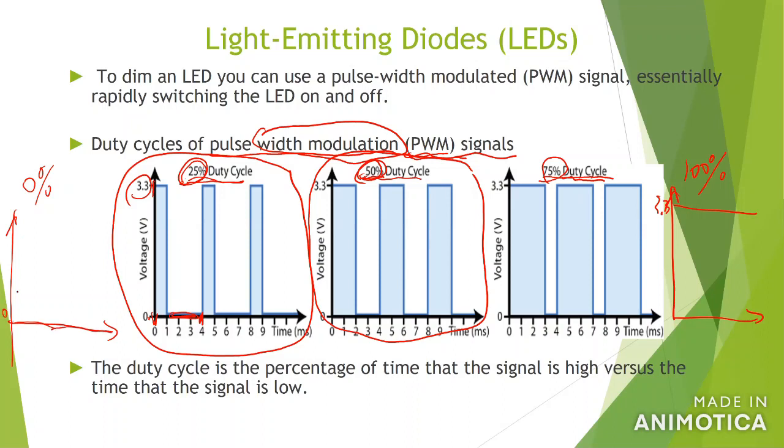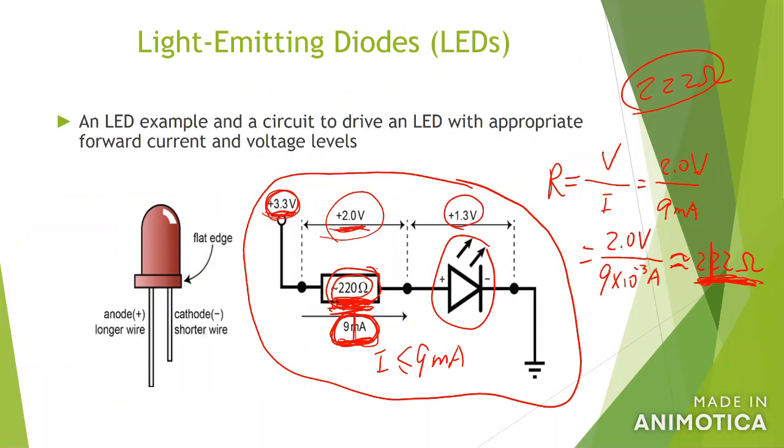So if we apply this PWM signal here, instead of using 3.3 volts, then by changing the duty cycle, we can change the intensity of the LED light. For example, if you output a 0% duty cycle PWM, the LED will be off.